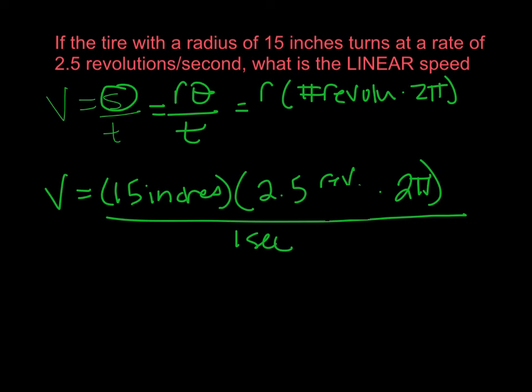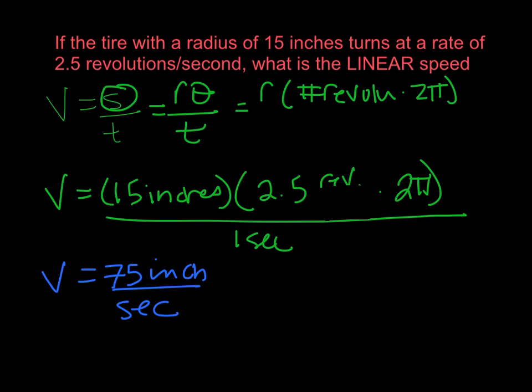So you're doing 2.5 revolutions, there's your revolutions per second. And really, since this is a 1, we're not going to have to worry about this. So my linear speed is going to be 15 times 2.5 times 2 pi, which gives me 75 pi inches per second is how far I go.